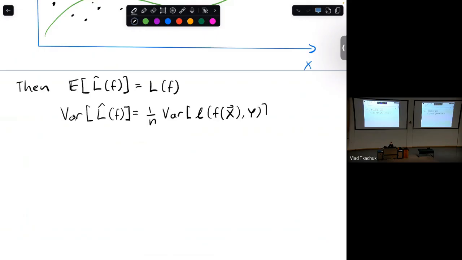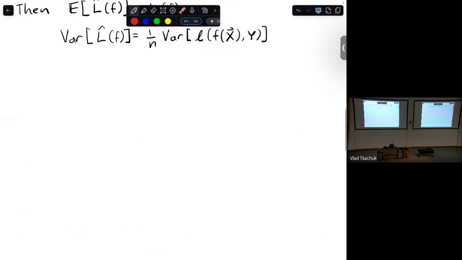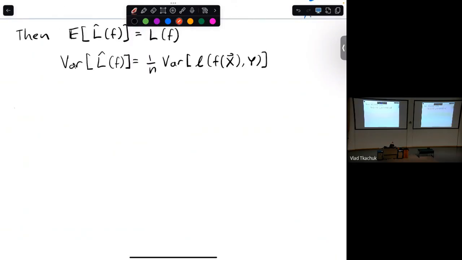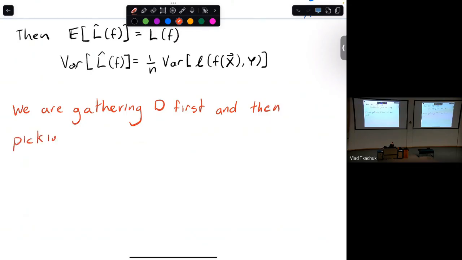Okay. And that was all good. But of course, as we've discussed before, this is not the way we're doing things, right? We are gathering the data first, and then picking f hat, and here the subscript d is very informative. f hat is based on data, right?